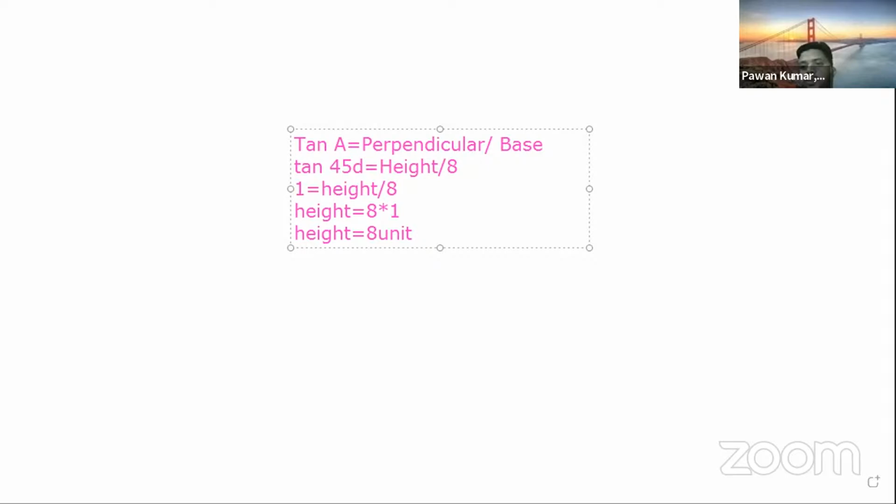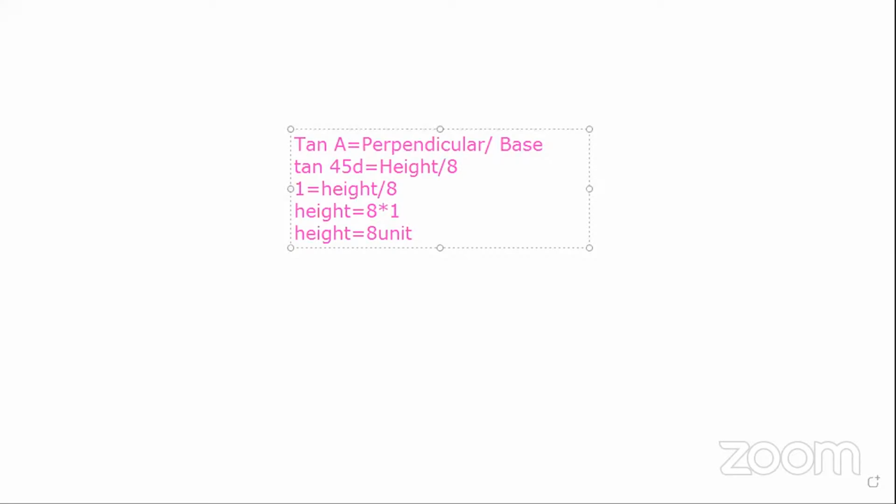Now, find the value of x in the given figure. They mention the distance RO. From point Q, looking upwards to point P, this angle is 30 degrees, and from R to P this angle is 45 degrees.